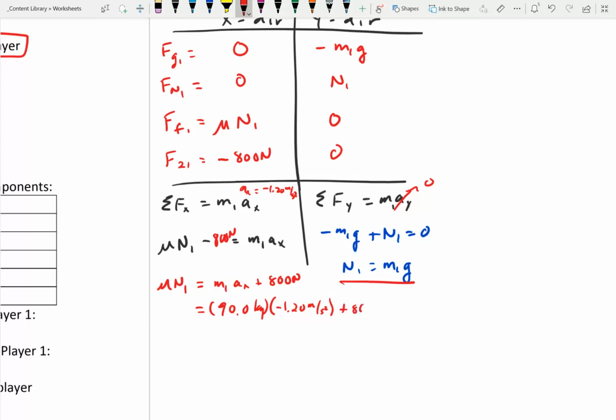And then plus 800 newtons. If I multiply that through, 90 times 1.2, 9 times 12 is 108, right? So that's minus 108 newtons plus 800 newtons is equal to 692 newtons.